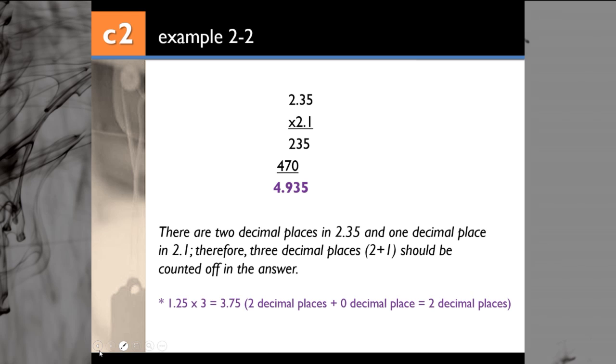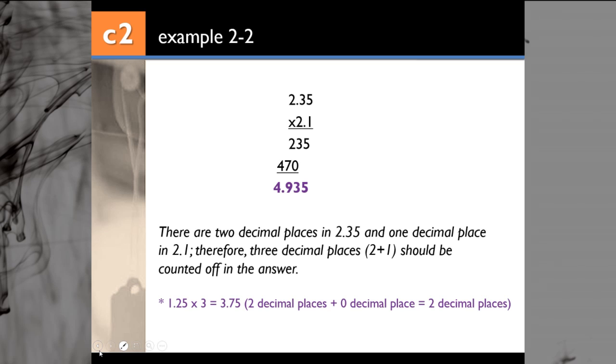Here's another example. Imagine that you're multiplying 1.25 and 3. You have 2 decimal places in 1.25, but no decimal place in the number 3. So you add 2 decimal places from 1.25 plus 0 from the number 3, and you end up with 2 decimal places.